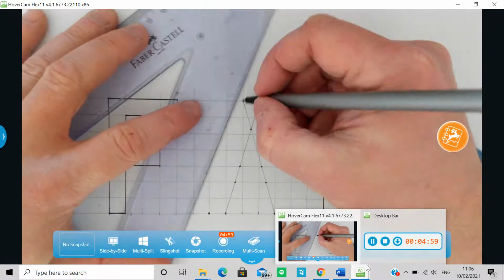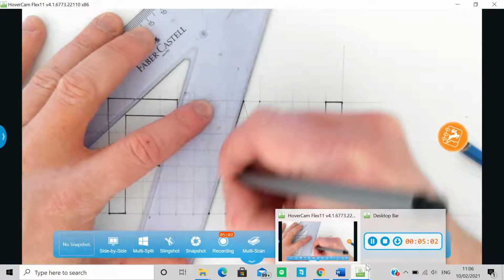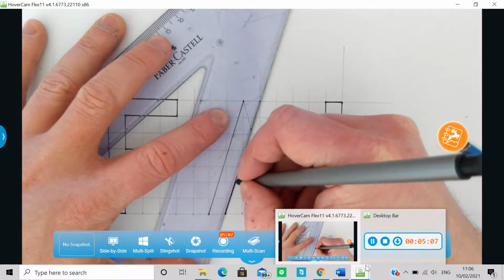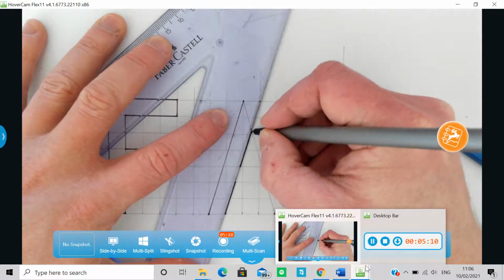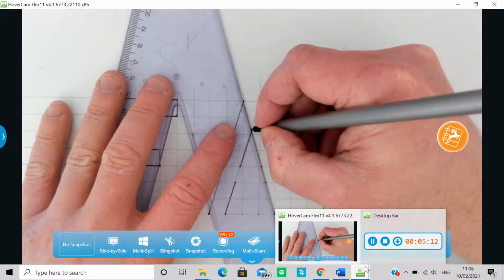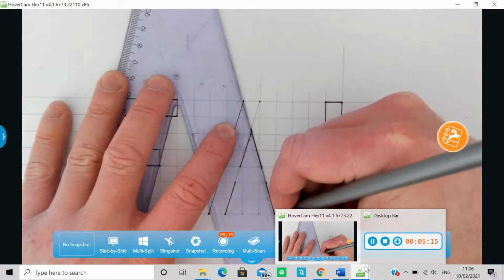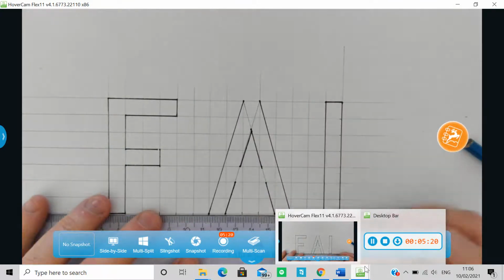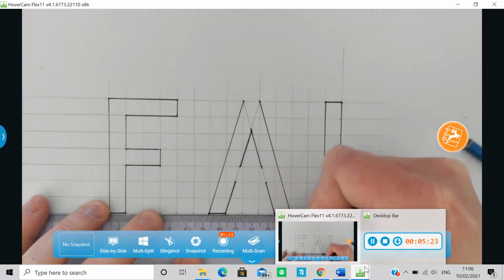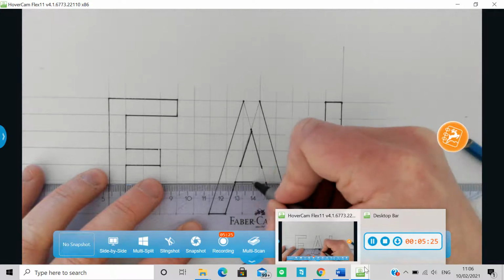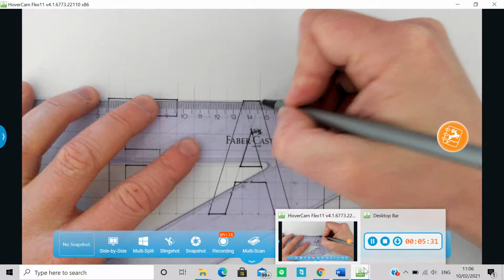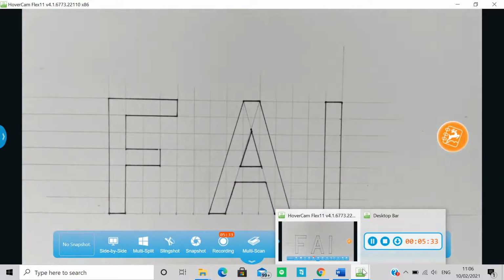Once you've that done, you can finish the letter A. So that's the 2D of it done.